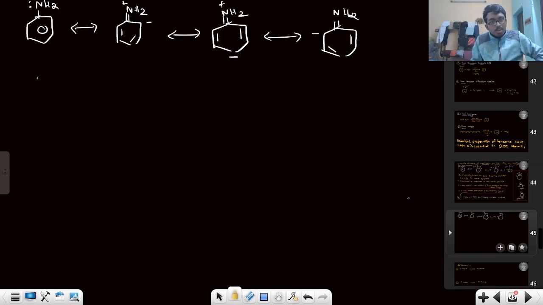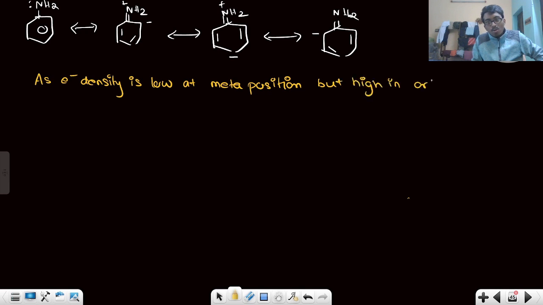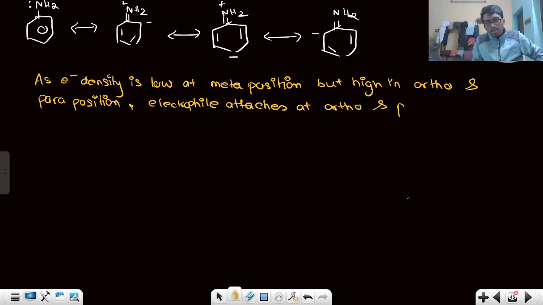So let us write that as electron density is low at meta position but high in ortho and para position, electrophile attaches at ortho and para position. Done.